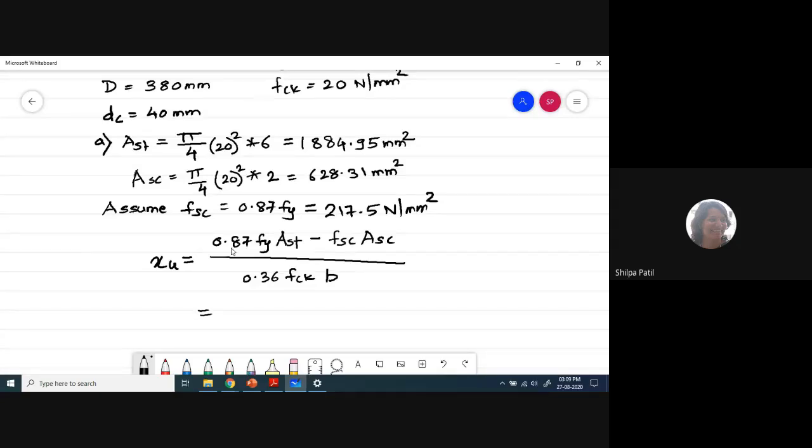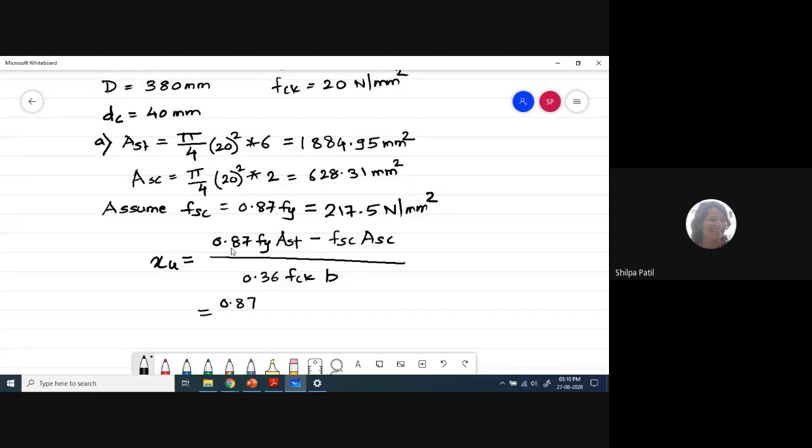So let us put the values. Here it is 0.87 FY into AST. FSC is also 0.87 FY. So I can take 0.87 FY common and write 0.87 FY into bracket AST minus ASC divided by 0.36 FCK B. Are you getting this point? Or shall I write it as it is?